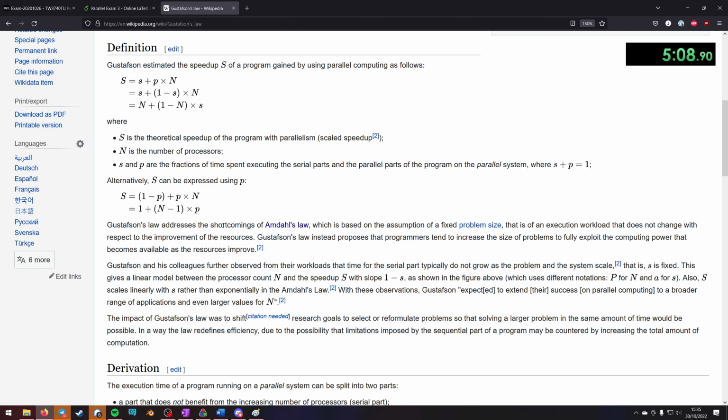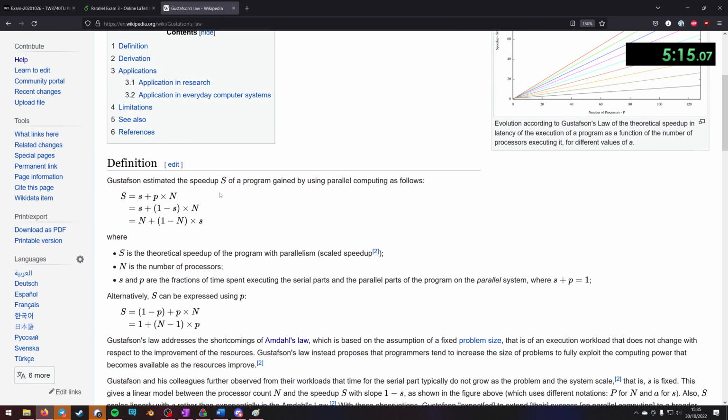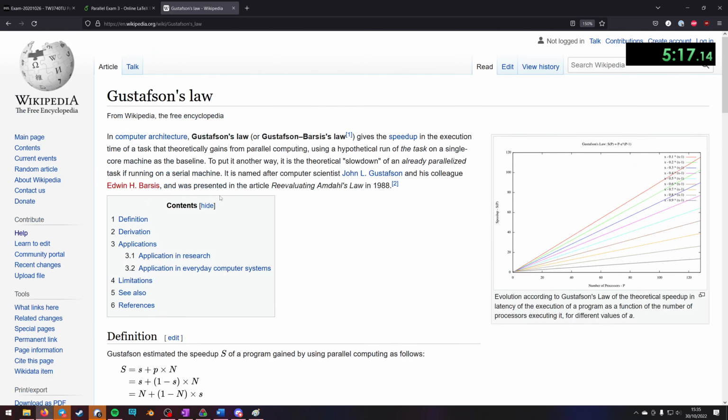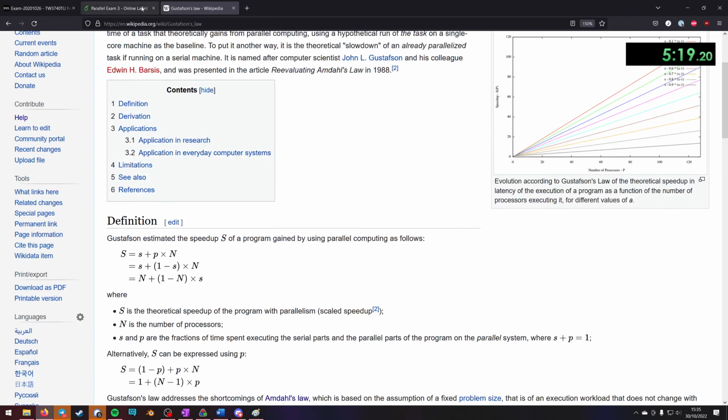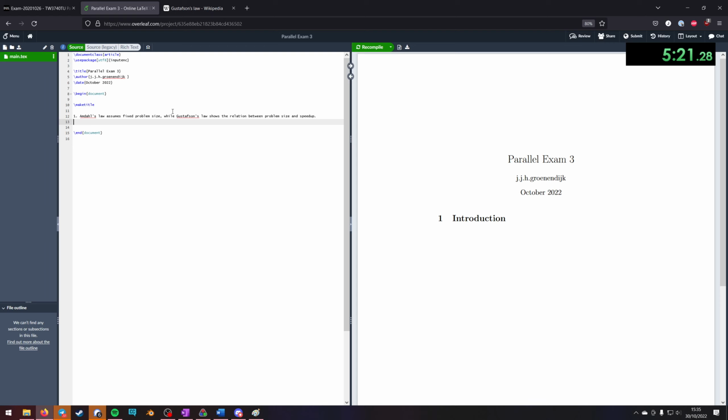But I also think there is a difference: Amdahl's law takes the fraction as a constant, and Gustafson's law takes the execution time as a constant. I'm not really sure how.